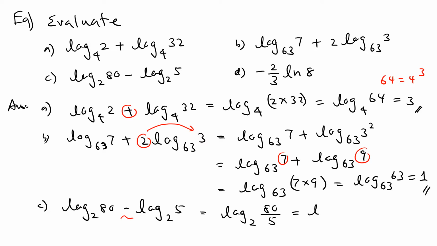So you can write this one as log base 2 of 16. 16 is 2 to the 4th, so since 16 is 2 to the 4th power, the answer is 4. The reason is 16 equals 2 to the 4. Good. Okay, so the last one is also very interesting.